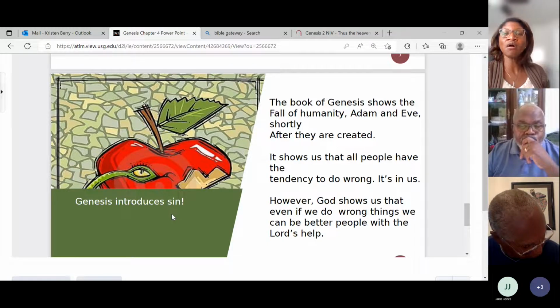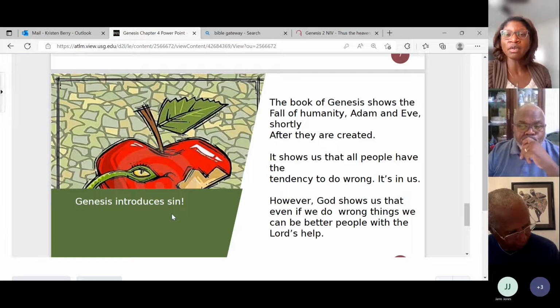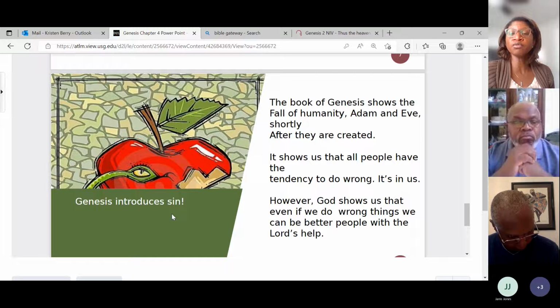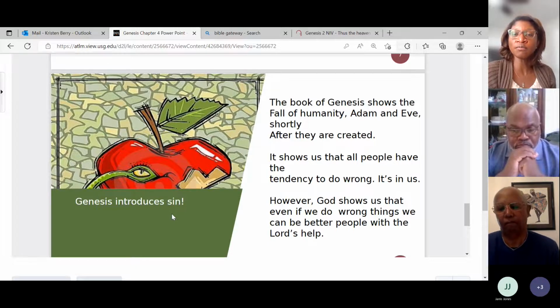We could talk about this all day, of how Adam and Eve fell, and that fall into sin impacted humanity to come. Us, and all the people that are going to come after us, and came before us, were impacted and fell into sinful situations from time to time. But, however, God shows us in the book of Genesis that even though people would do wrong things, they could be better people.